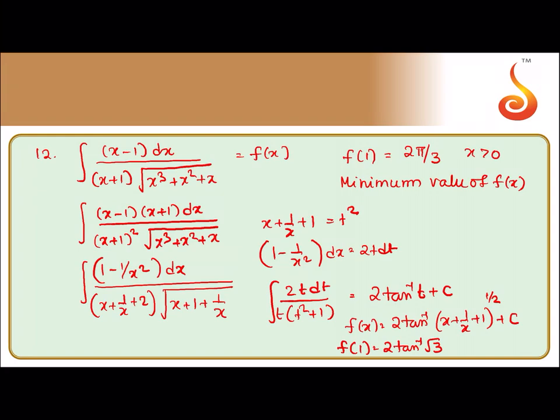What is actually this one? T is nothing but under root to the power 1 by 2. You get tan inverse root 3. So tan inverse root 3 is pi by 3, which in turn gives 2 pi by 3. Why they gave this implies c equal to 0.